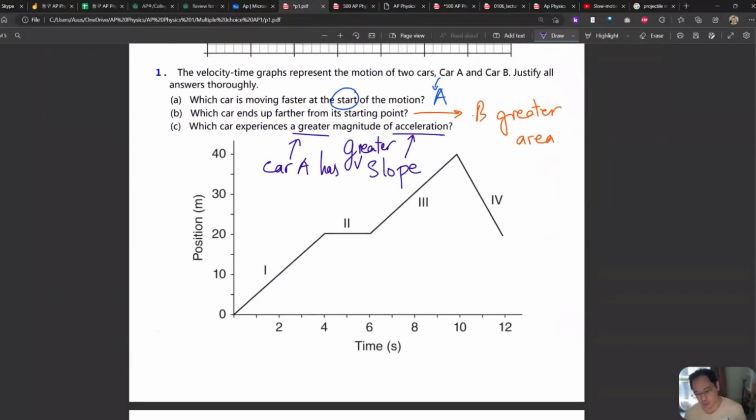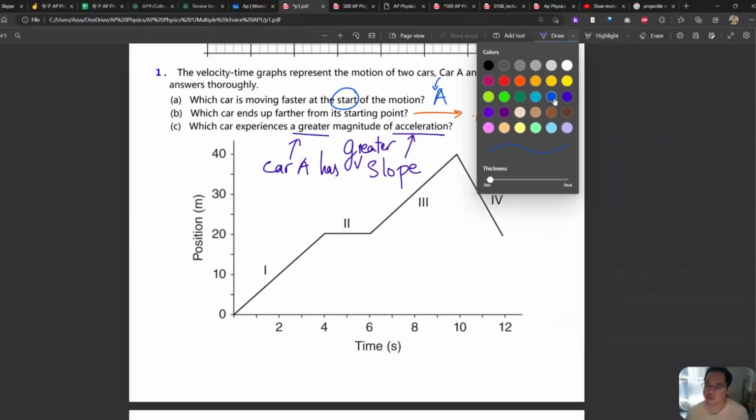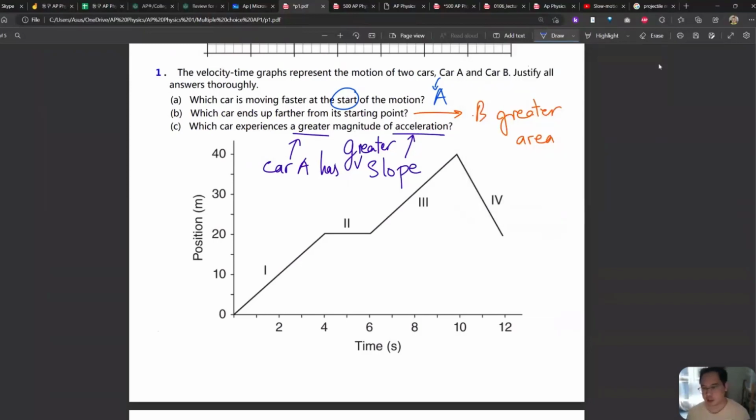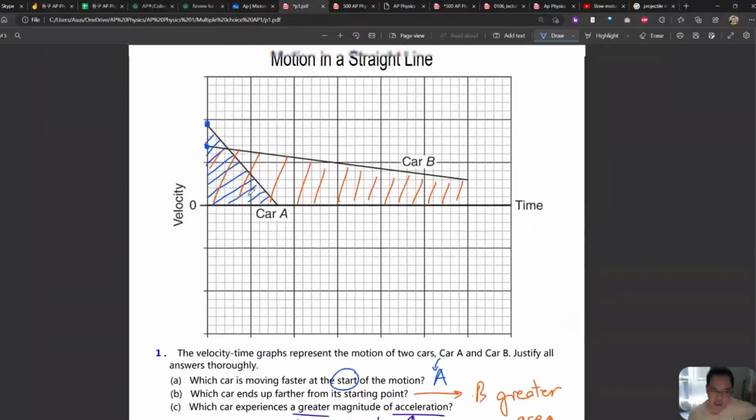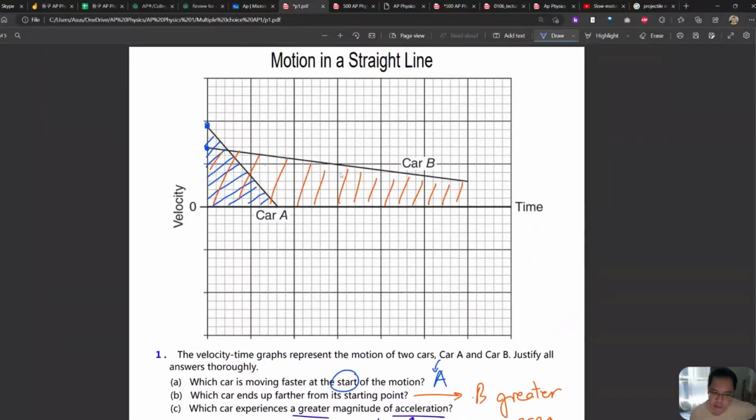Which part has the greatest velocity? Again, this is a position time graph, and velocity is the slope of the graph. With the velocity time graph, the slope is the acceleration.